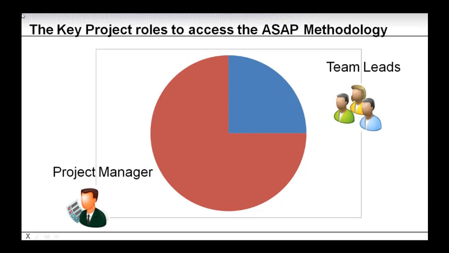The project manager should communicate to the team leads and to the team. But even so, it is valuable for the team leads to have access to the methodology. So project manager, in my view, 75%, and the team leads is valuable to have access, in this case 25%.